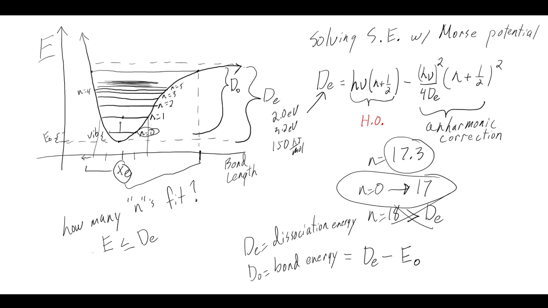So as you pump energy into the system and go up this ladder and vibrationally excite, the amplitude is moving back and forth to greater degrees. The atoms are getting closer together and further apart. The frequency of that motion is not changing. It is always just nu for this particular type of vibration.